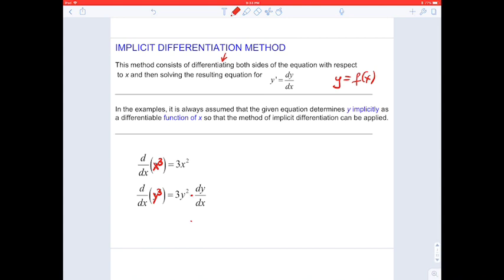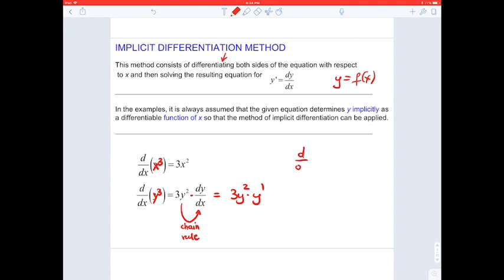However, I have to follow the chain rule, and I have to multiply everything by the derivative of y, dy/dx. I might use the notation 3y squared times y prime. That's the same thing. But we remember that behind y we have a function we can call an inner function, and we're multiplying by the derivative of this. This is the chain rule.